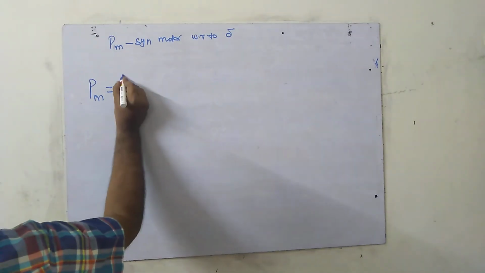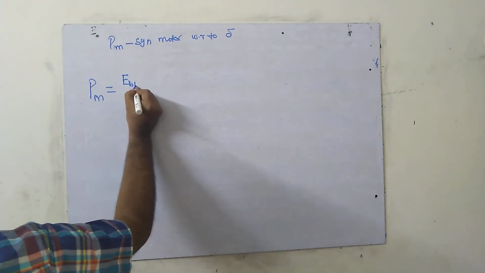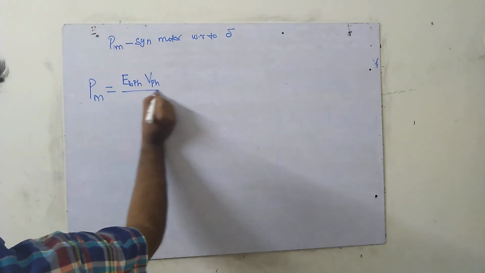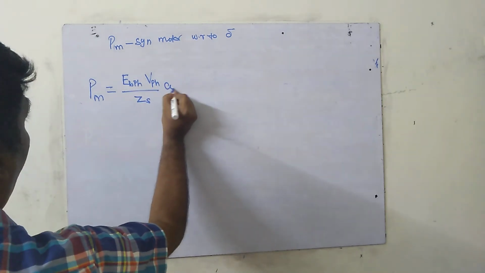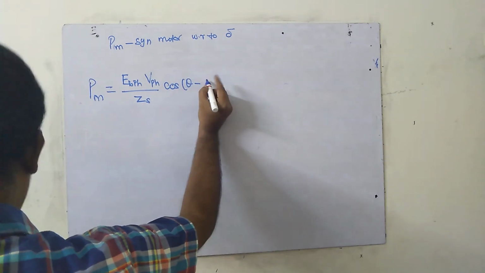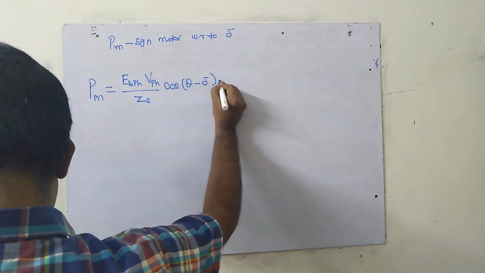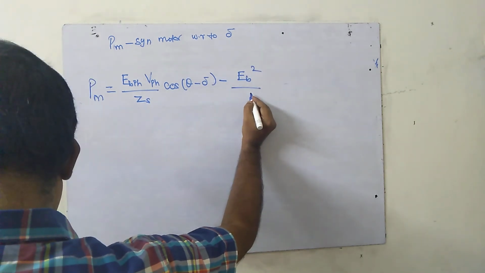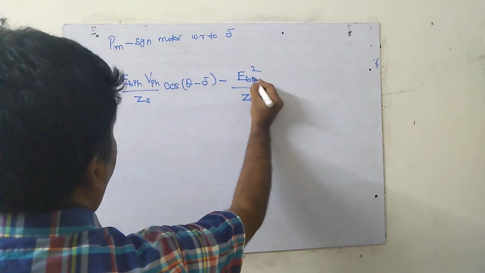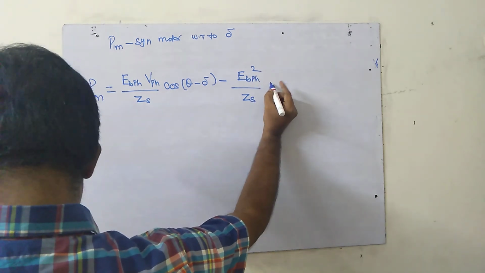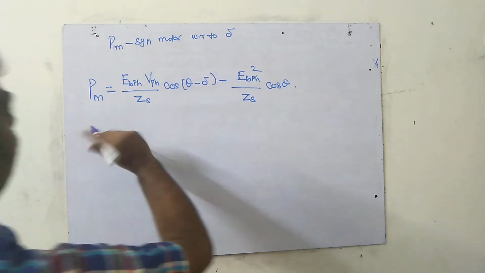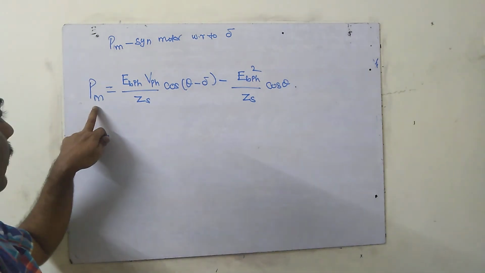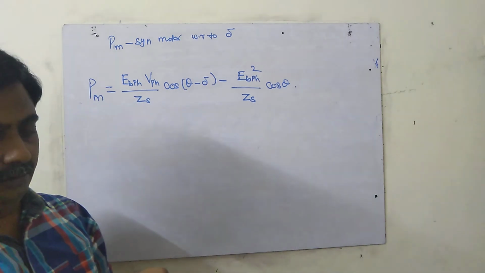PM equals EB phase into V phase divided by ZS into cos of theta minus delta, minus EB square divided by ZS into cos theta. ZS is the phase value. Just remembering this formula is sufficient. This is the formula for gross mechanical power developed with respect to delta. That's all.